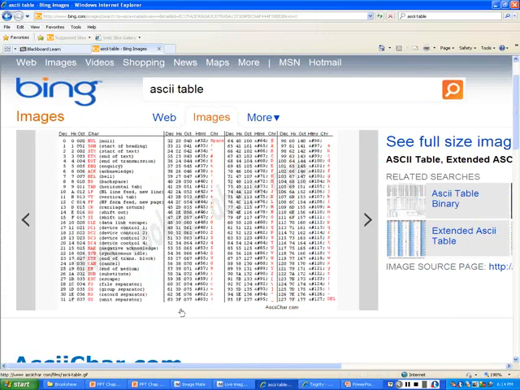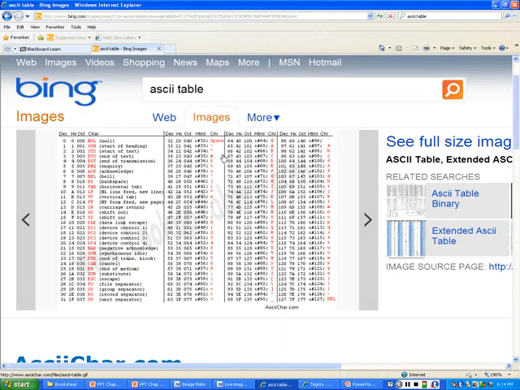So we are starting with 0, which is null, which is nothing. And my favorite one is number 7, which is a bell. So if I print number 7, it's going to ring. And then we have the backspace, horizontal tab, and all kinds of tabs and all those things here.